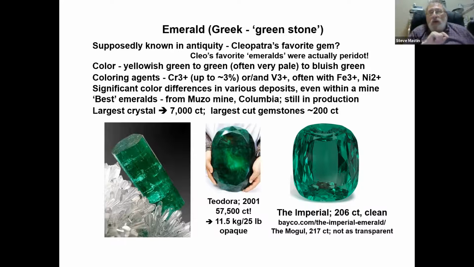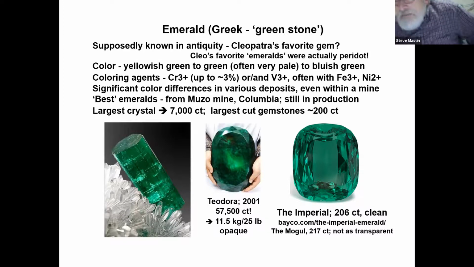But what you want is the best of the best, and that's the Imperial. 206 carats, and you can't see any inclusions except with a really high-powered loupe, but there's nothing visible to the naked eye. And it's called the Imperial, and it's owned by the Bacoc Company, and it's got its own website.